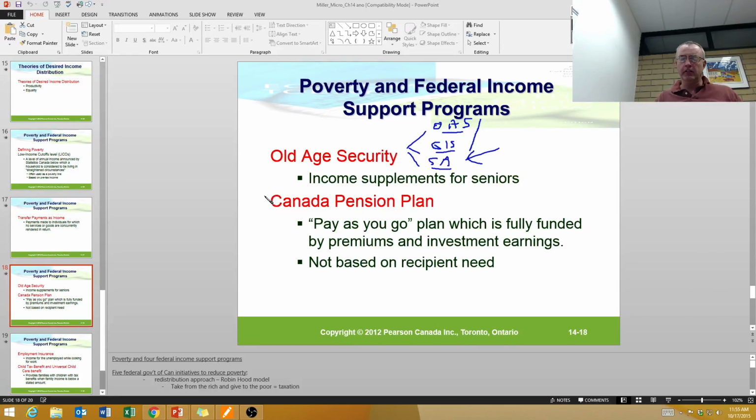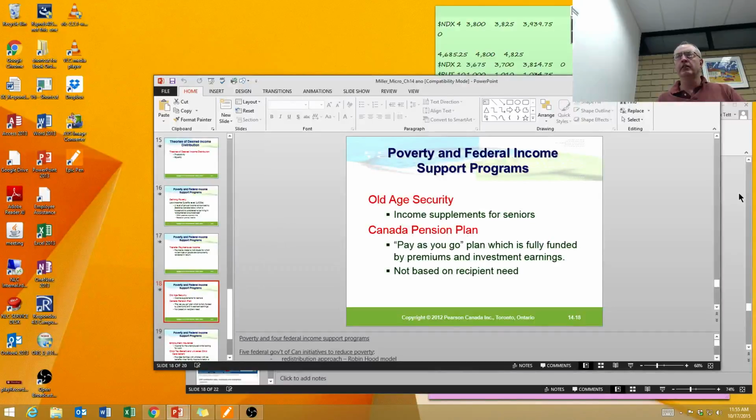Okay, so the second initiative of the federal government to address poverty, again addressed towards elderly people, is the Canada Pension Plan. And so the Canada Pension Plan, as we all know, when we're employees, both the employee and the employer contribute off our paycheck to the Canada Pension Plan, and then when we retire, we're entitled to draw down.